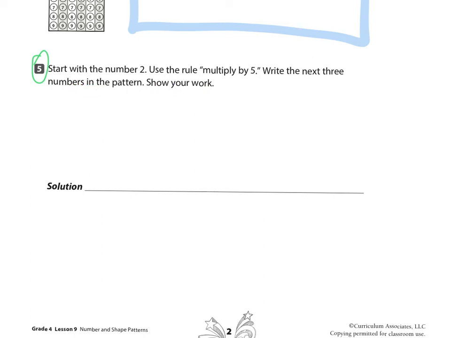Bunch of things here. First off, you're going to start with the number 2. You're going to use a rule of multiply by 5. So times 5. Then you're going to write the next 3 numbers in the pattern. Make sure you write the next 3.